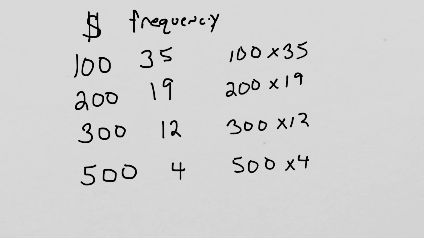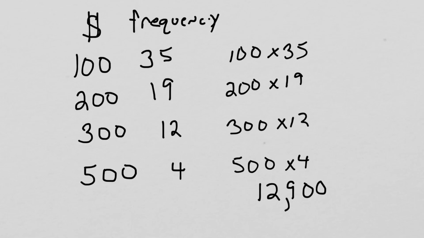You can stick this straight into your calculator. There's no need for parentheses, even though it's good math. This is just 100 times 35 plus 200 times 19, and so on. If you do that, you're going to come up with a total. Everything on this side comes up to 12,900.